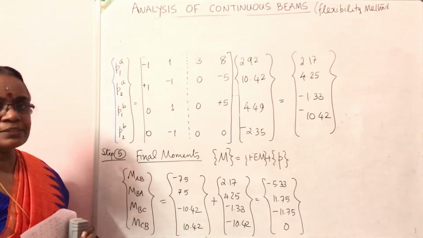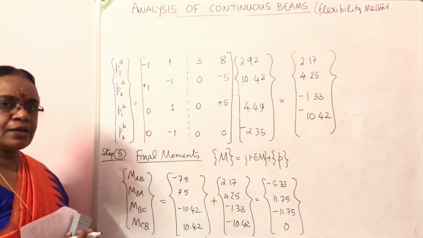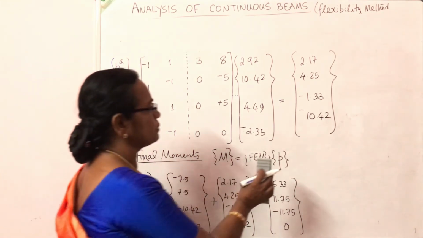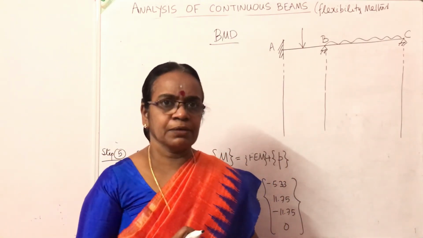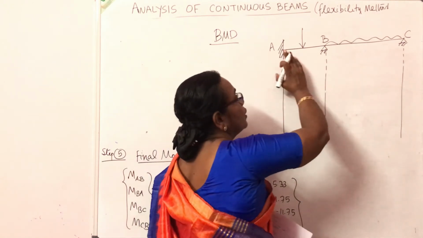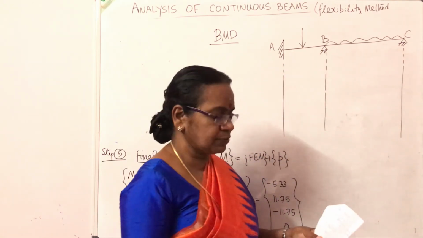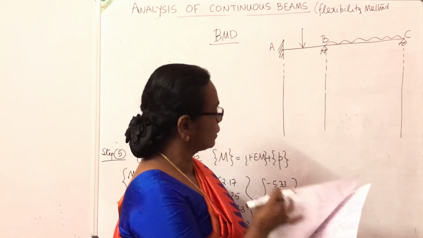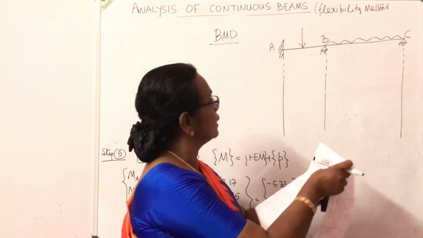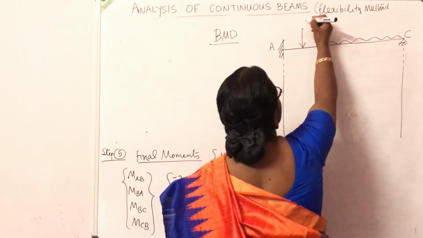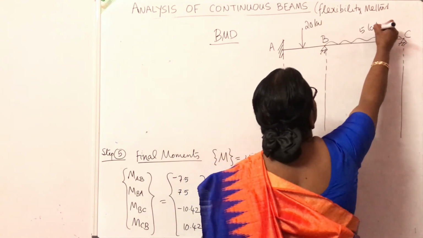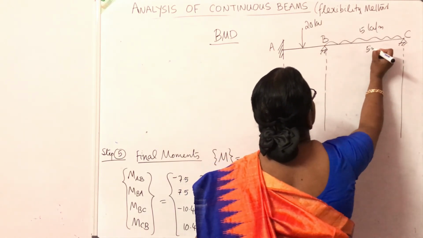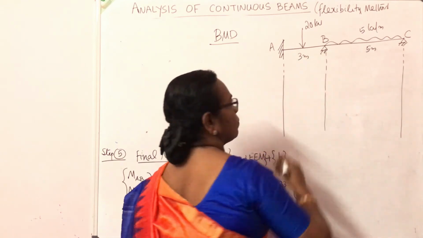Now the last step is you have to draw the bending moment diagram based on these values. So the beam with the given loading, the original structure is drawn, what is given in the question. The numerical values of the loads were 20 kilonewton and 5 kilonewton per meter. This was 5 meter and this was 3 meter.